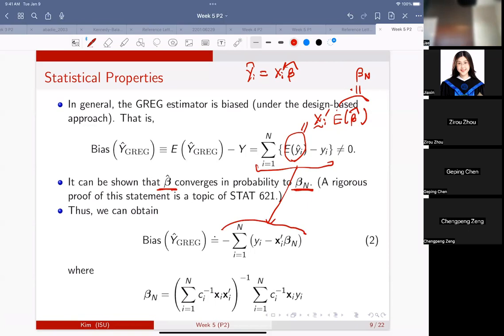So we need to evaluate this term. This is, by the way, the population level residual of the regression. But we have c_i, so it's not really clear whether this is 0 or not.